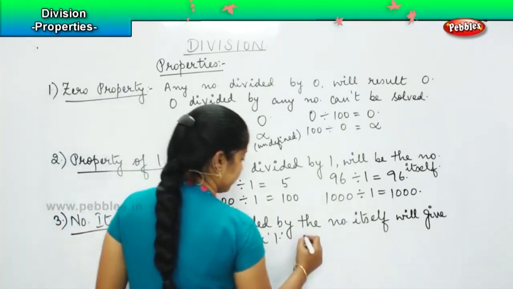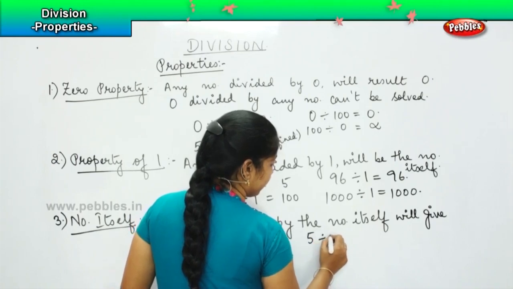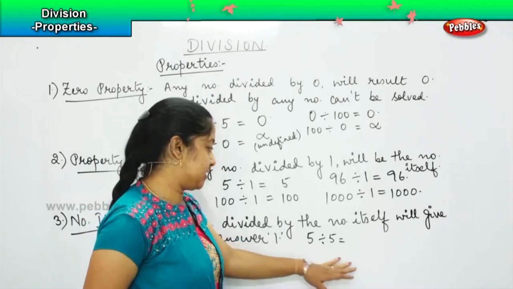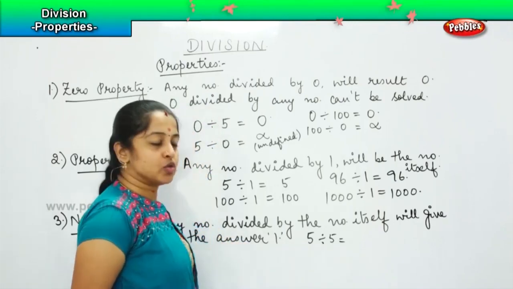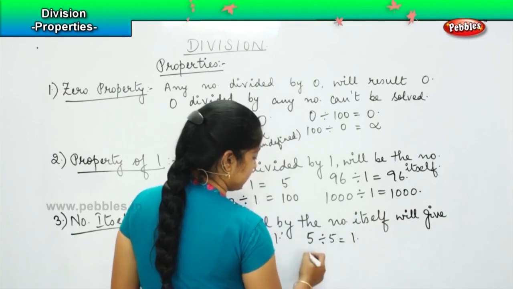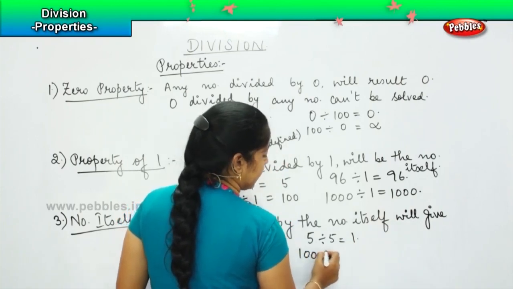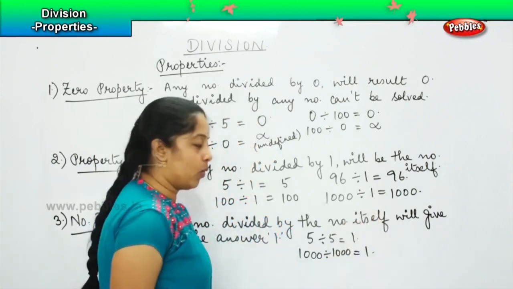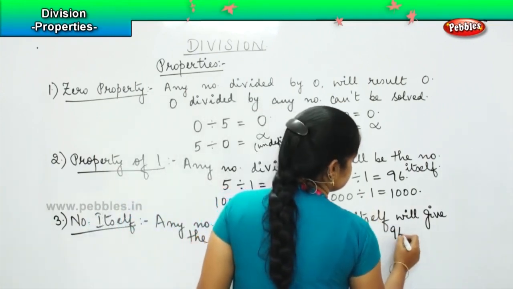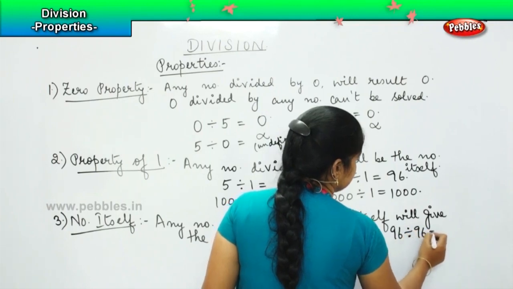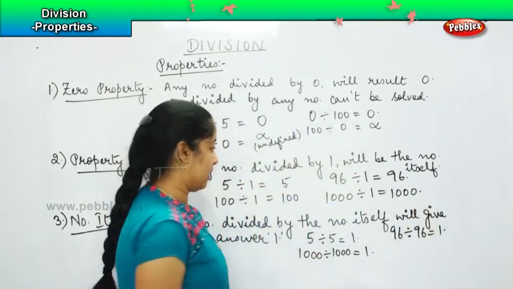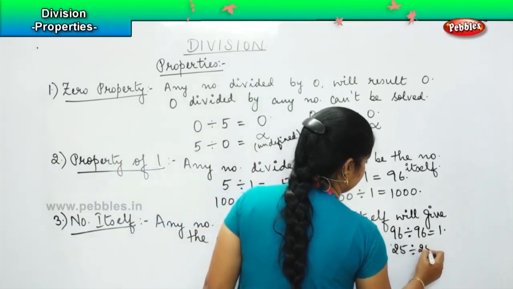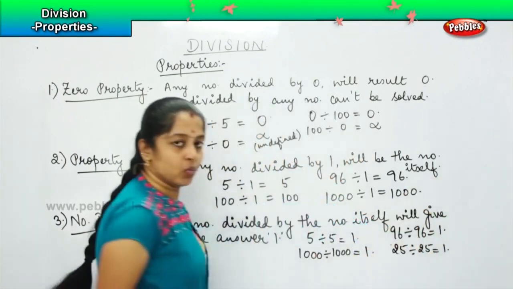For example, if I say 5 divided by 5, I am dividing this number with the number itself, that is 5, I am dividing with 5. So, my answer will be 1. 1000 divided by 1000, again my answer will be 1. 96 divided by 96, my answer will be 1. 25 divided by 25, my answer will be 1.